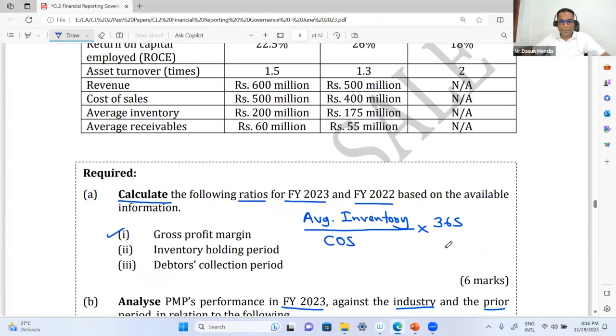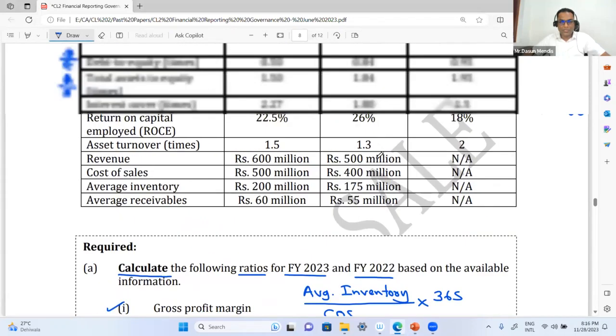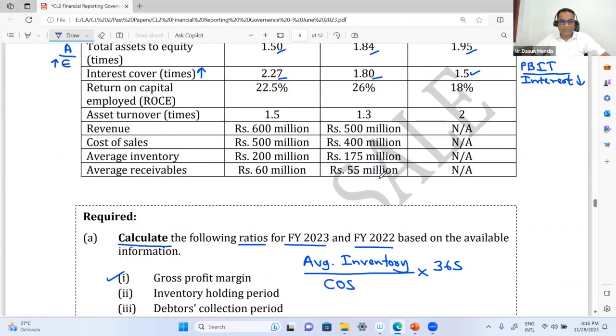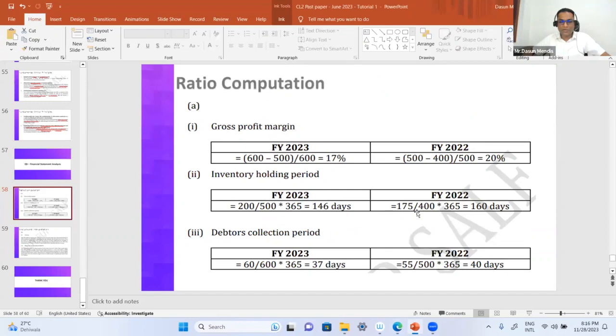Then, what about 2022? Average inventory 175 divided by cost of sales 400. 175 divided by 400 times 365. How many days? 160 days. So what has happened to the inventory holding period? It has come down. That's a good sign, right?